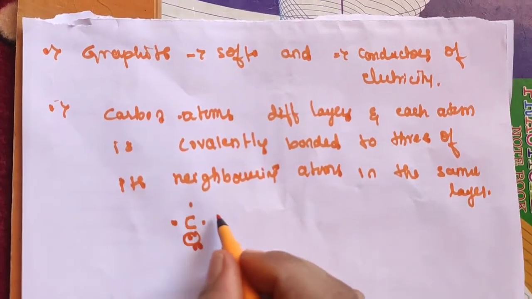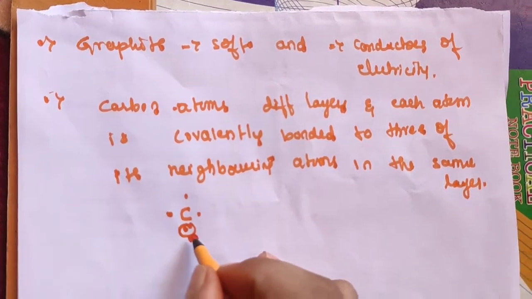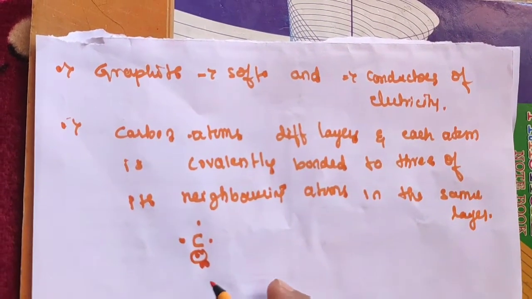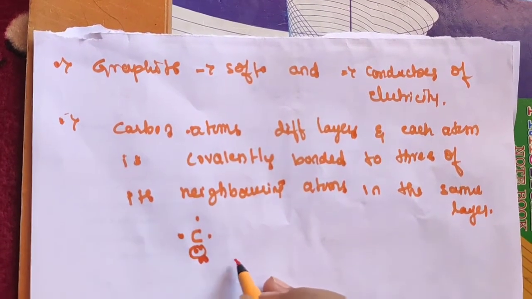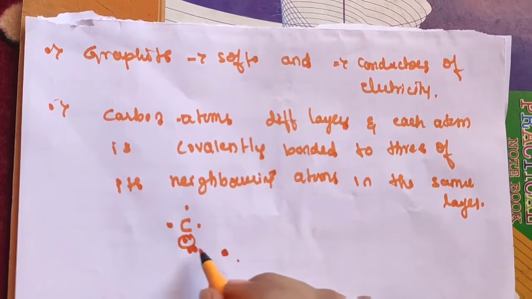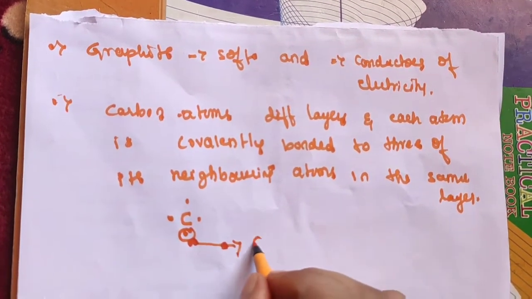All these three are bonded and the other electron is free to move. So these free electrons make graphite act as a good conductor of electricity.